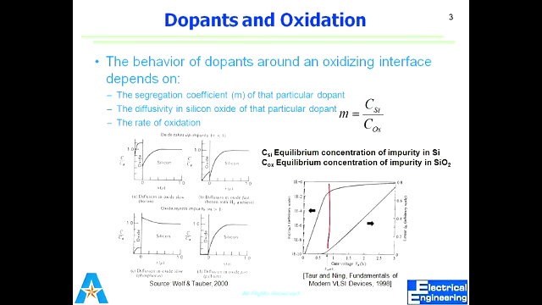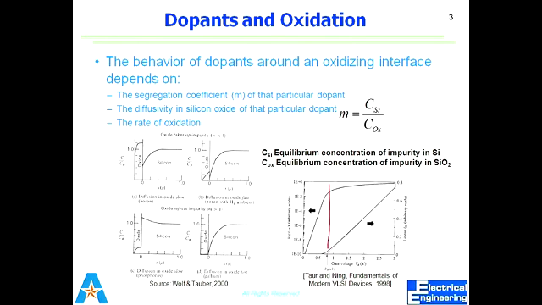So how does that cause it? If M is less than 1, what does that mean? If the segregation coefficient for a particular dopant like boron is less than 1, it means that the dopant should be more in oxide as compared to in silicon. M less than 1 means the denominator is higher than the numerator.